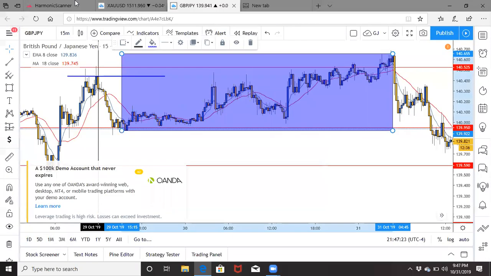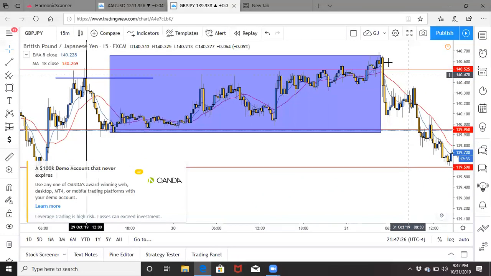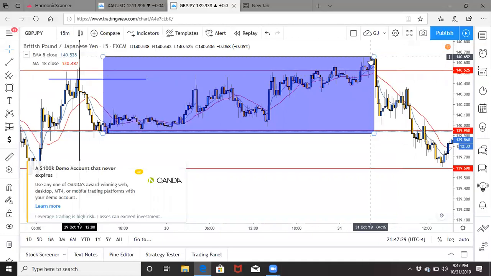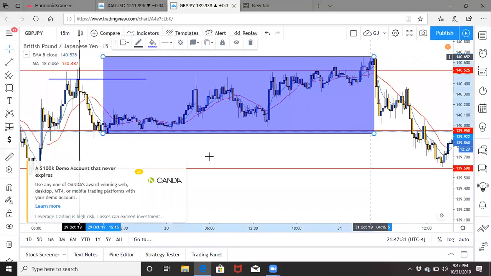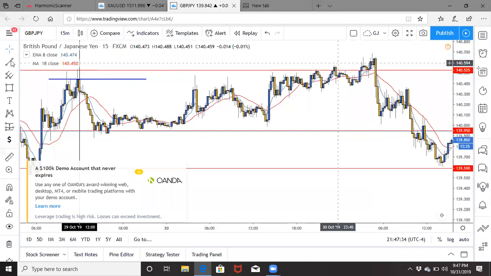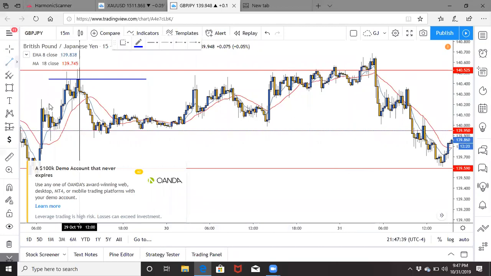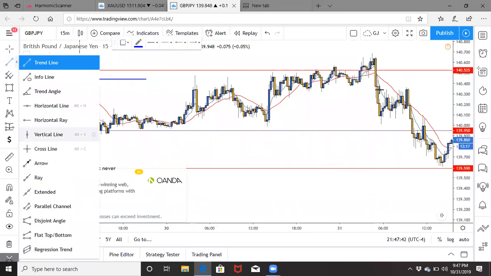A little trick I use is, because this is only a counter trend, what you could have done was come over here. I'm gonna draw another vertical line for y'all, and y'all can see the point where GBP JPY really started to break.